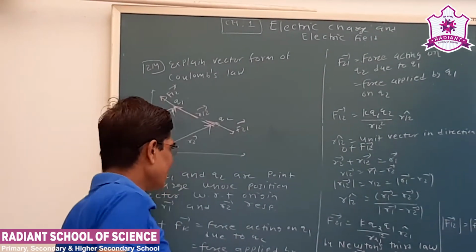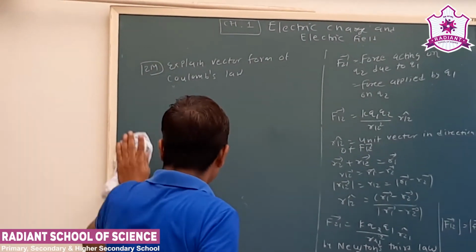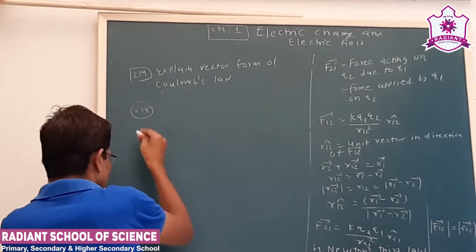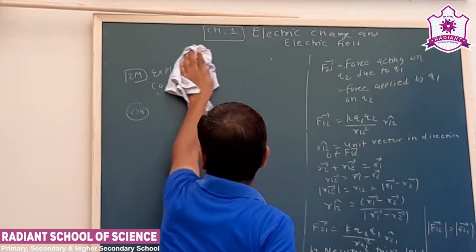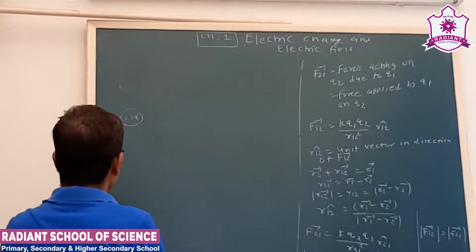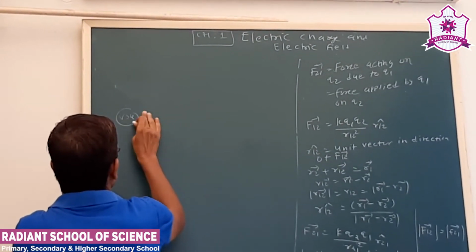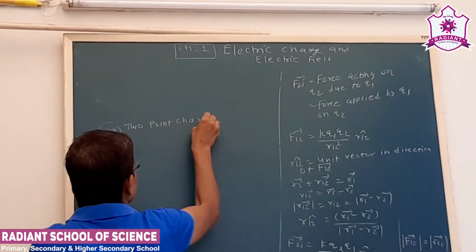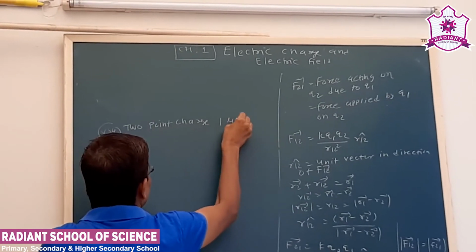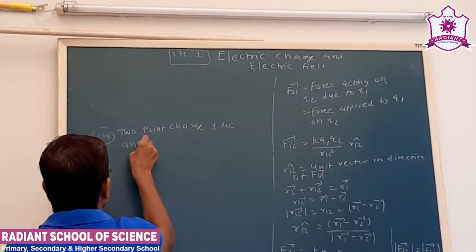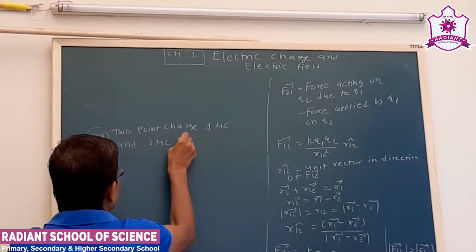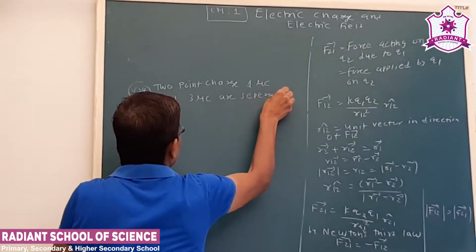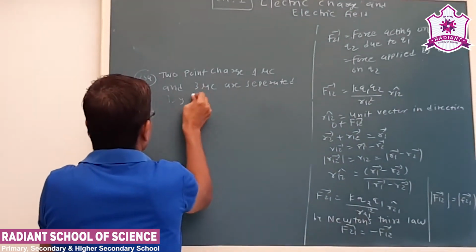Now let us take a simple question based on this. Two point charges, 1 microcoulomb and 3 microcoulomb, are separated by 30 centimeters.